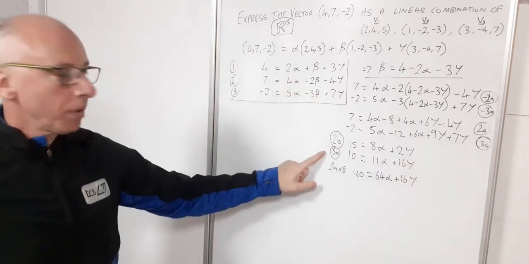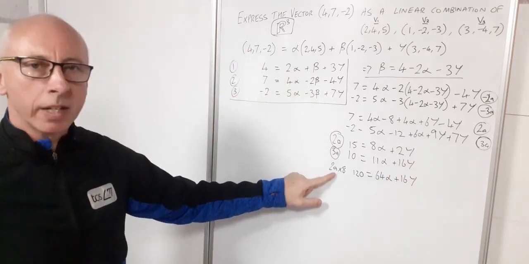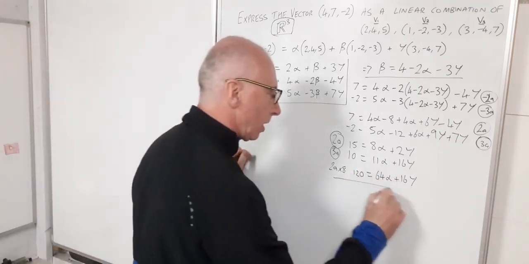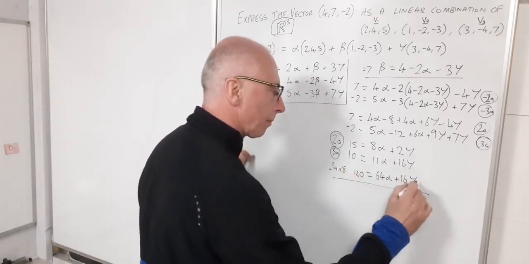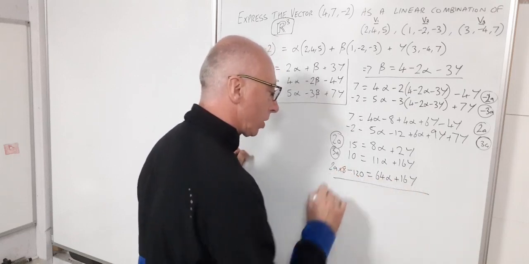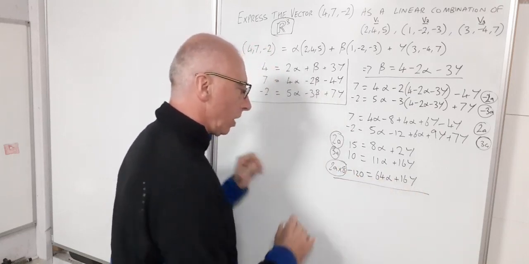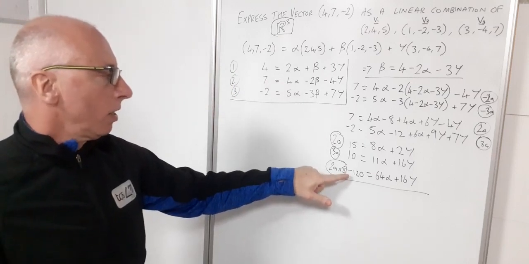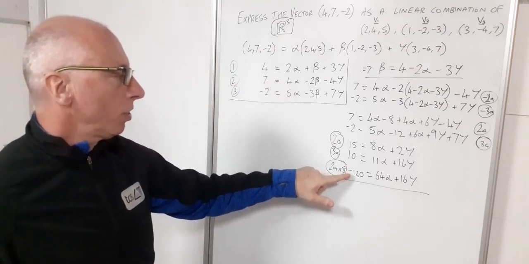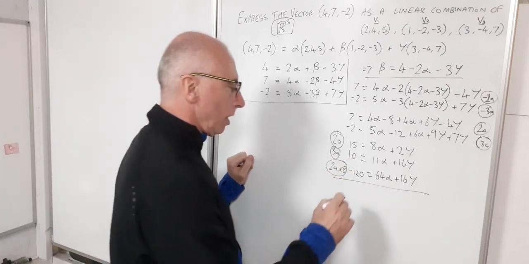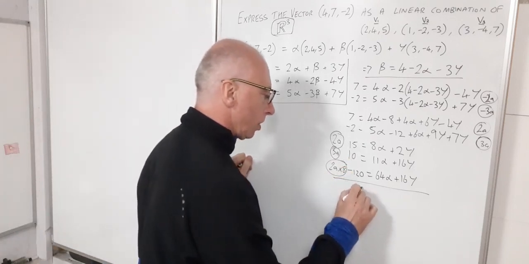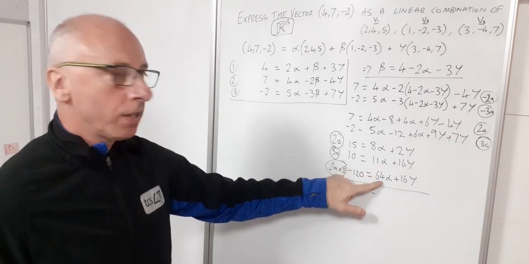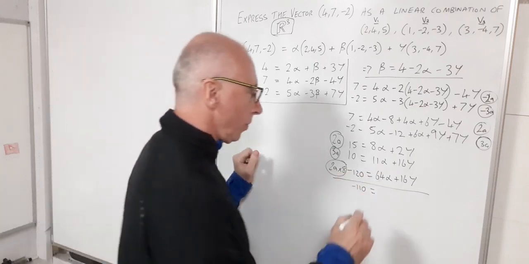Okay, so now for my 3a and 2a times 8, I've now got the 16s. So if I just take these two and subtract them, let's do a subtraction. Just ignore that bit, that's just my names. Now I've got 10 minus 120, that gives me minus 110. 11 alpha minus 64 alpha gives me minus 53 alpha.